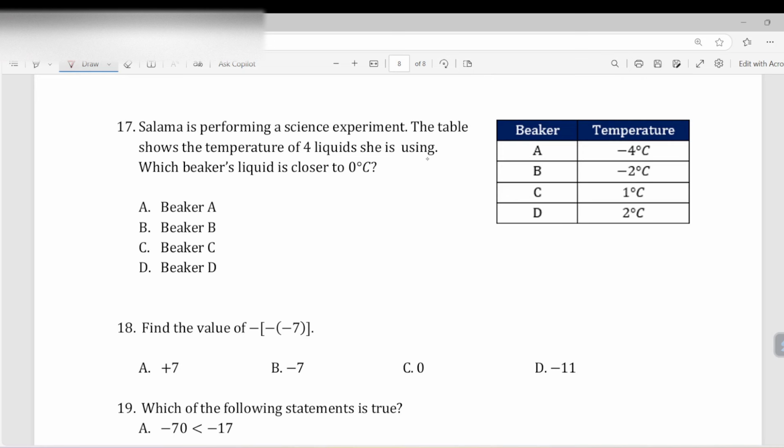See here. What is our problem? Salma is performing a science experiment. The table shows the temperature of 4 liquids she is using. Which beaker liquid is closer to 0?